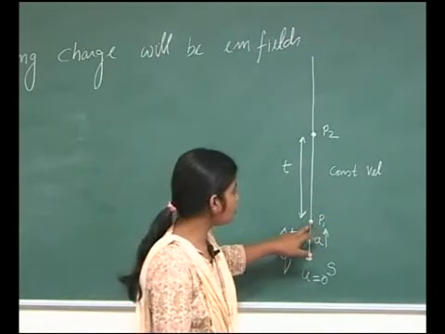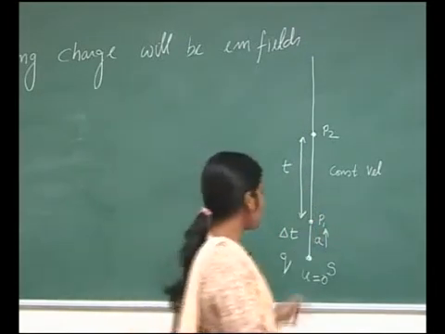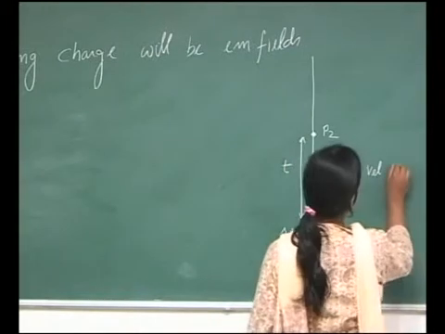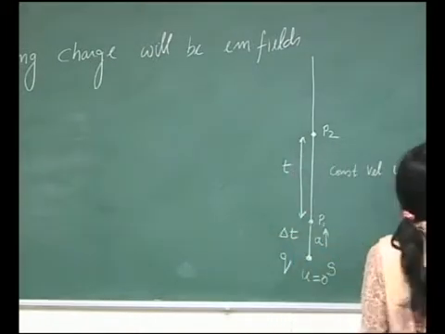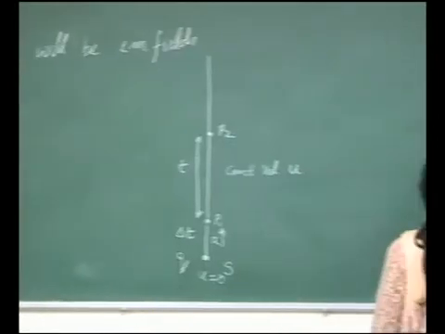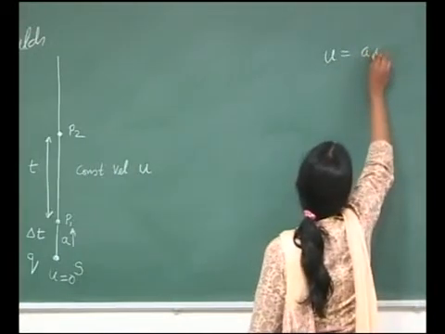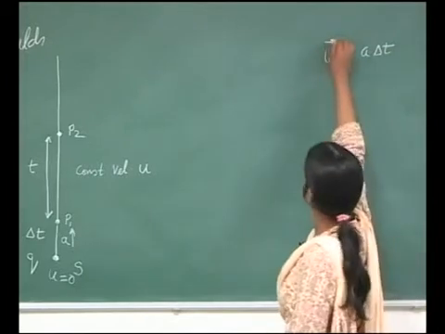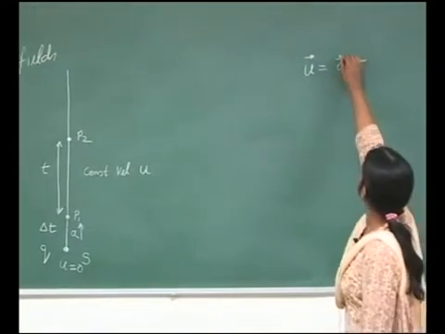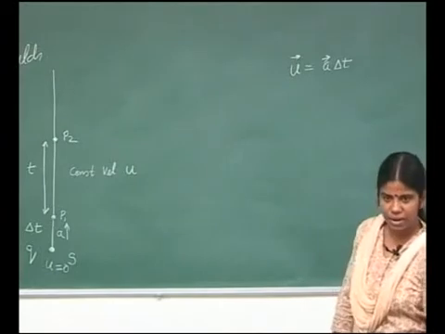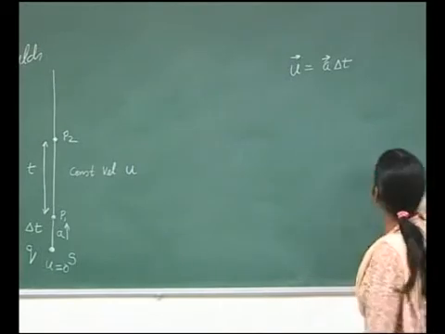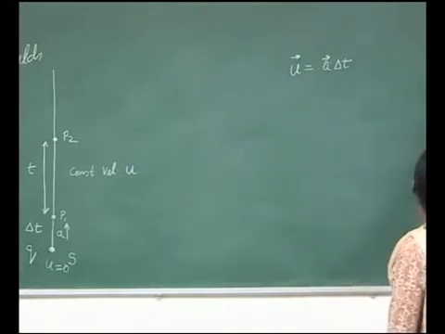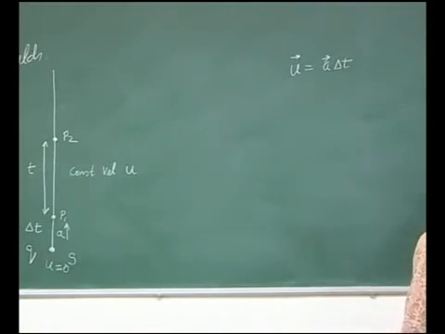So, what was this velocity? If the velocity here is u, then I can write that u is equal to a into delta t. Is it right? I have the formula that u is equal to u initial plus a t.